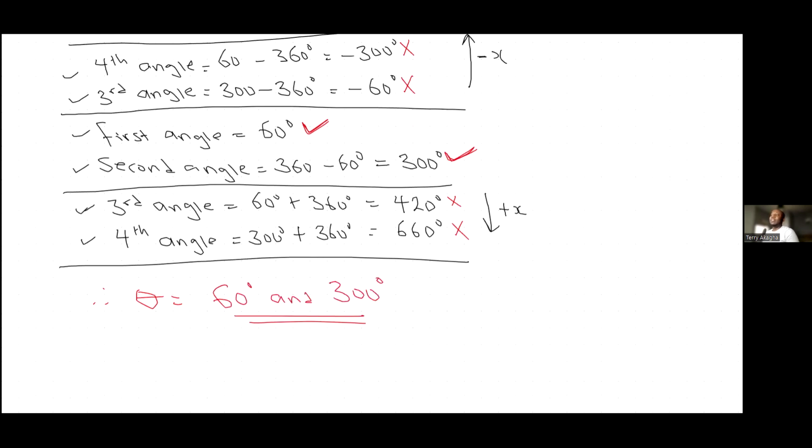If, for instance, the range were between 0 and 720, then I'll take this 420 and 660 as well. So it's the range that is going to determine where to stop. It's important you know that.